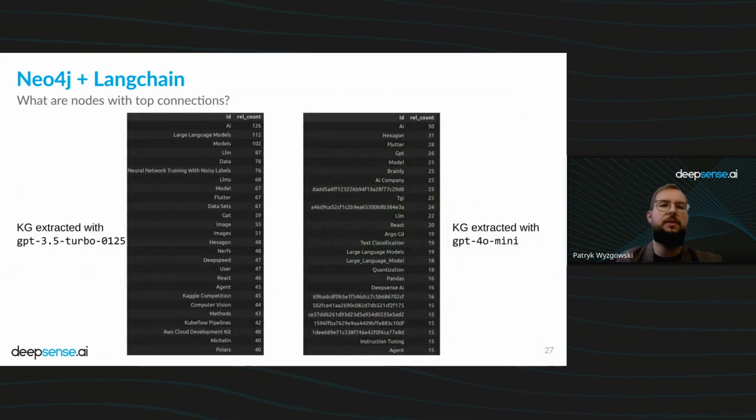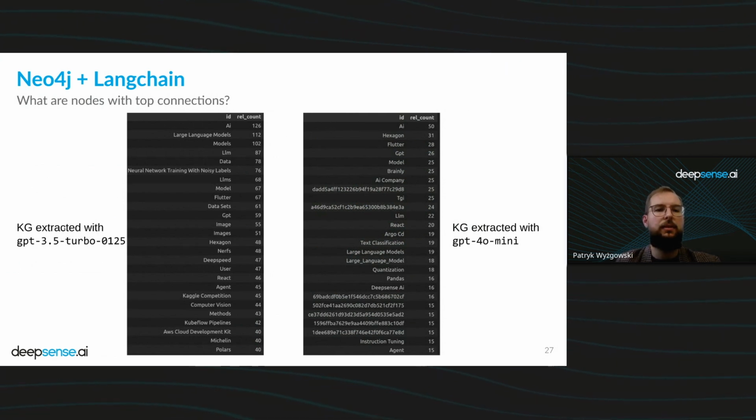Okay, so before we jump into the demo, let's have a look at some numbers. For this graph and the Neo4j plus Langchain approach, I've used two models. One knowledge graph was extracted with GPT 3.5 Turbo, and another one with GPT 4o Mini. You can see that there's a difference in the kind of nodes you have here.